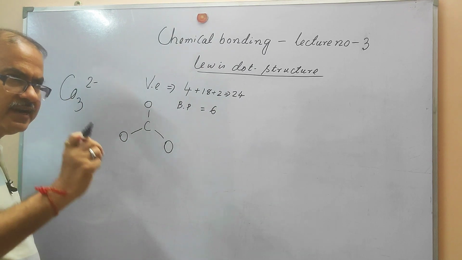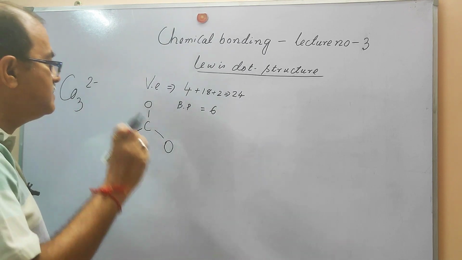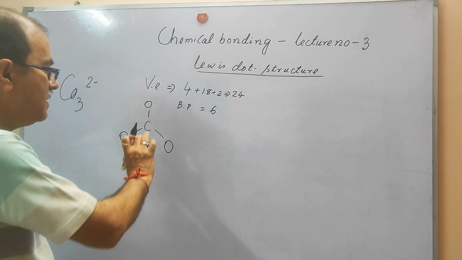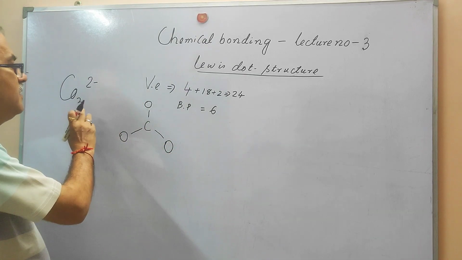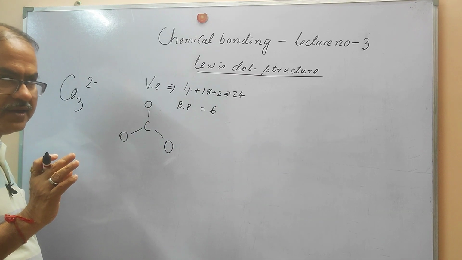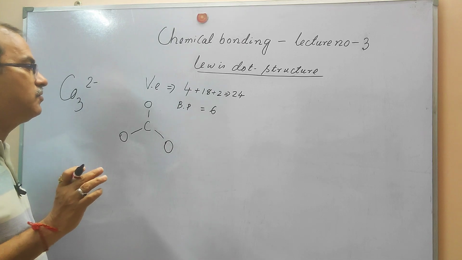The less electronegative atom will be the central atom, and the other atoms will be the peripheral atoms.